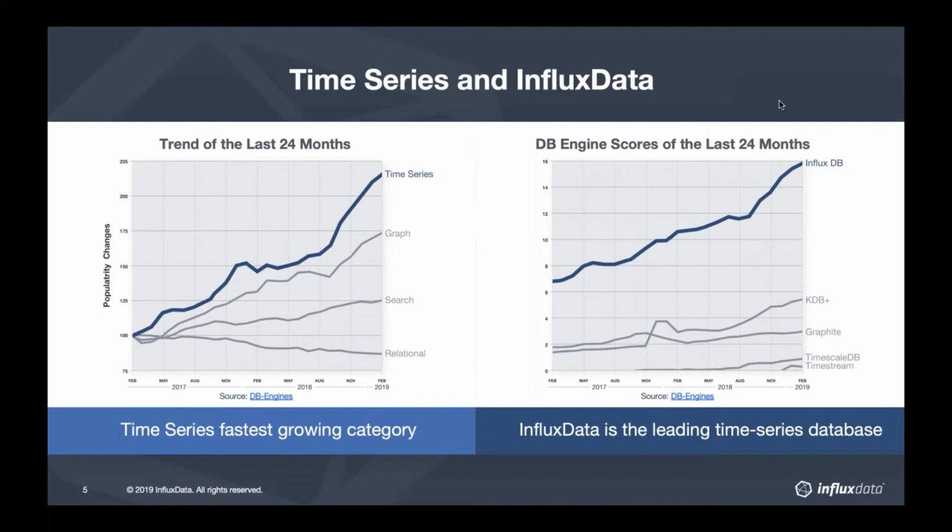And you can see here on the left side that time series is the fastest growing database type out there. And you can see how it compares to relational, search, and graph databases. On the right side, you can see how InfluxDB stands out inside of that specific time series database category. And that does not just compare it to open source, but also proprietary solutions out there. So clearly, InfluxDB is the preferred choice.